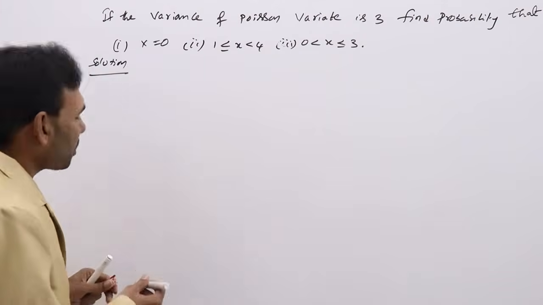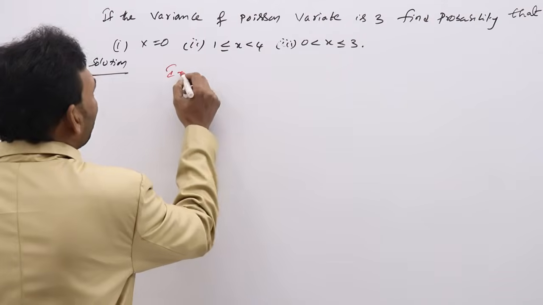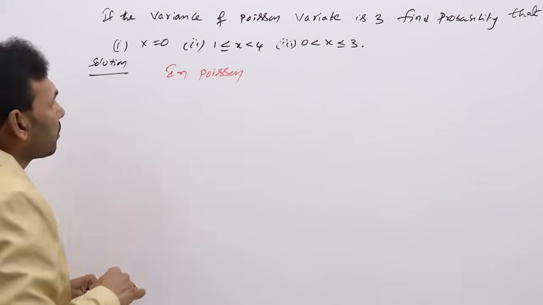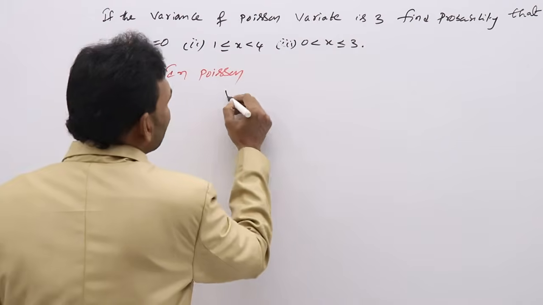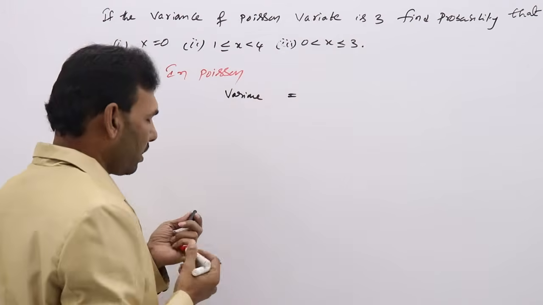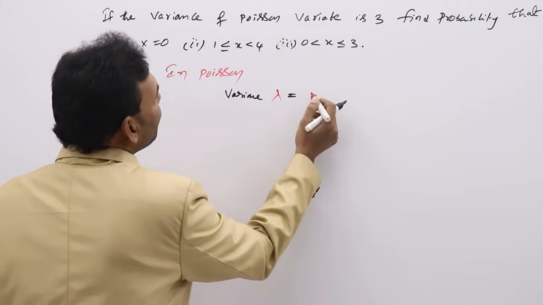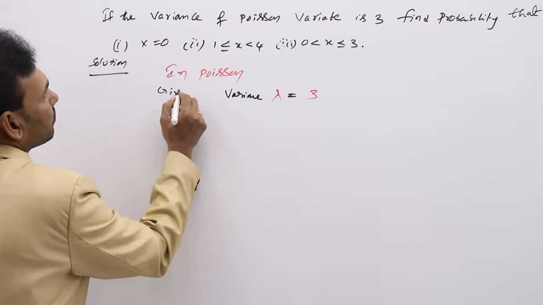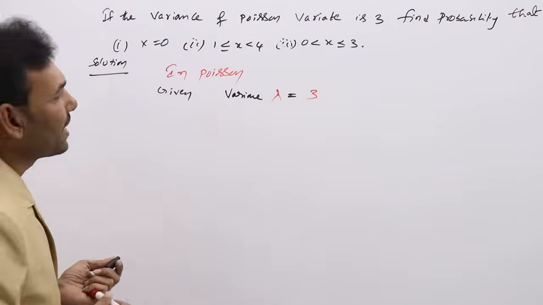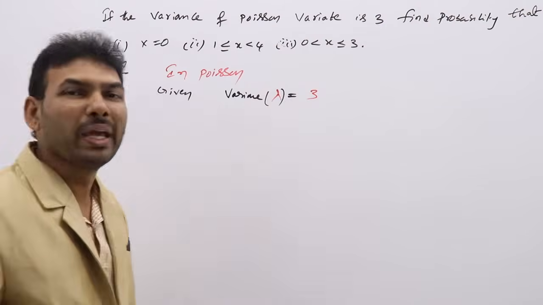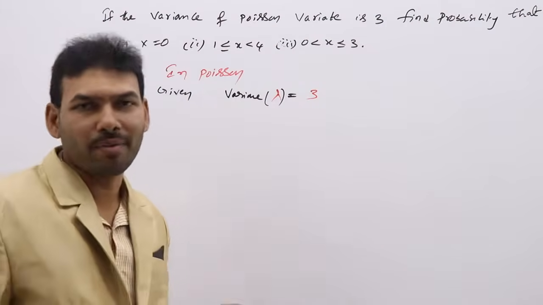In Poisson distribution, we all know that variance is lambda. Variance is lambda, that is given. In Poisson, mean equal to variance equal to lambda.